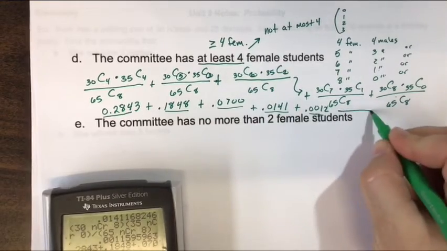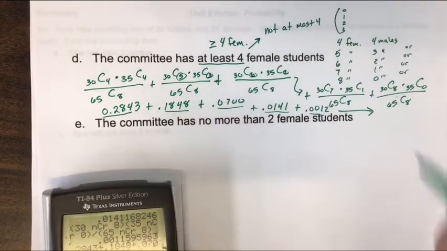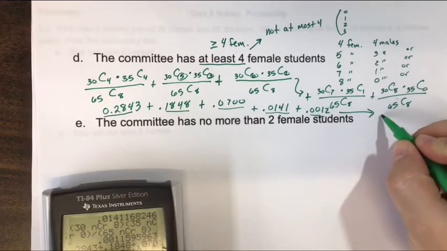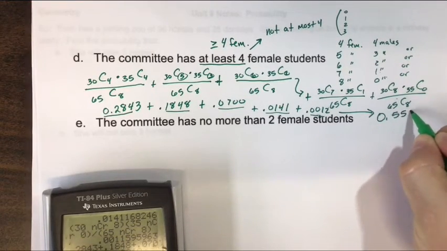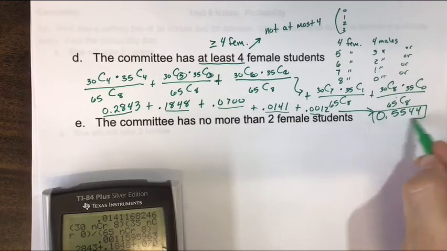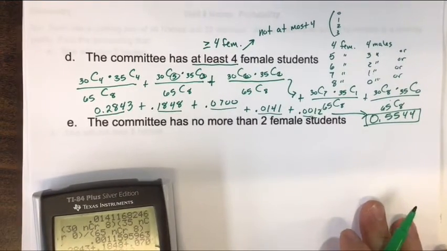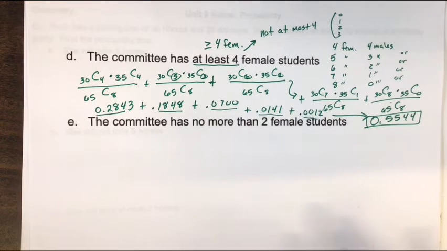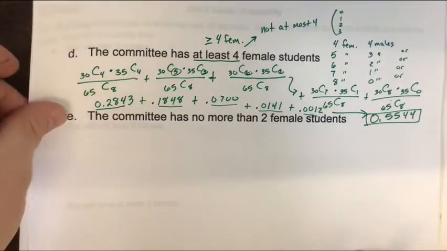And we get a total probability combined that you have at least 4 female students as 0.5544. Okay? And so we're going to do some more with this phrasing of no more than or at least or those kind of things later on. So let's keep on moving to our next set of examples.